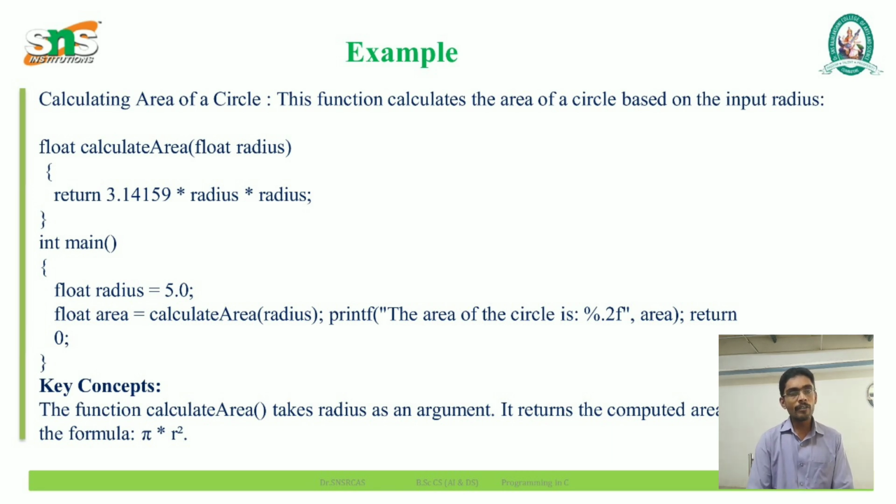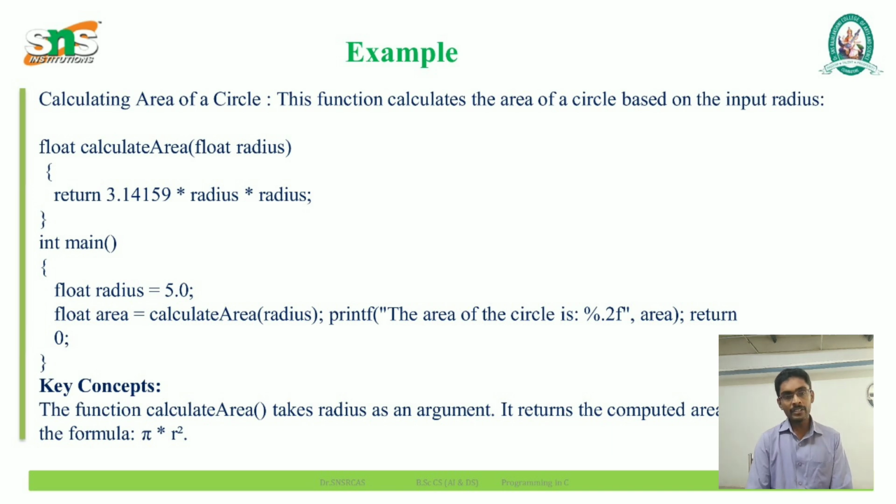This is the formula for calculating the area of the circle based on the radius input. In the main function, we assign the radius value as 5.0, and the function call calculateArea passes the value of radius to the function definition.